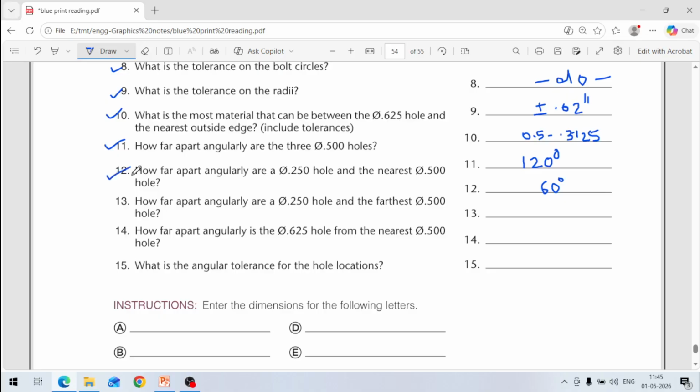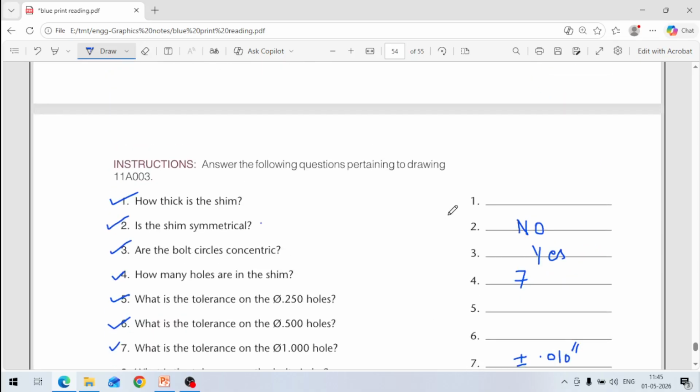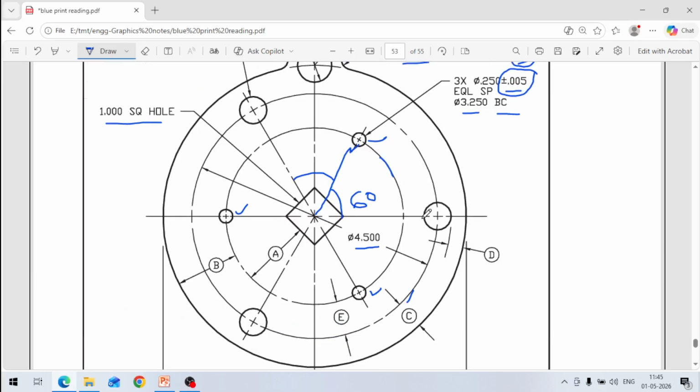Question number 13. How far apart angularly are the 0.25 hole and the farthest 0.500 hole? From 0.25 to the farthest 0.5, if I take this angle at 60 degrees, and the farthest angle of this hole, if I come here, this angle is 0 or 360 also.